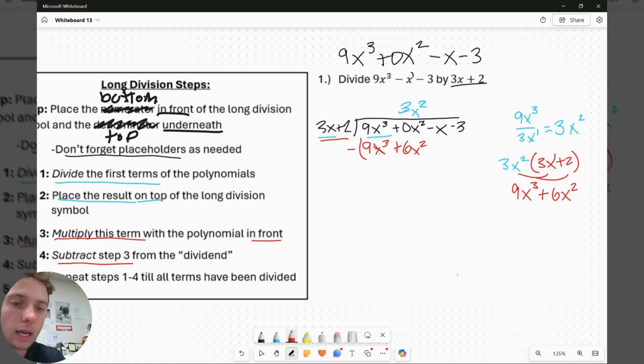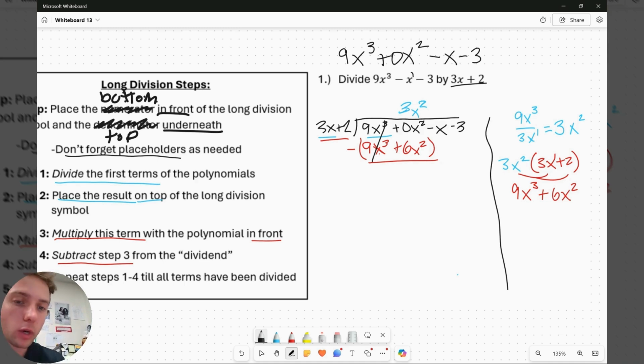When I do that, it needs to be in parentheses to show the subtraction. To know if you did this process correctly so far, one thing that should happen is your first terms in the subtraction should always be the same. 9x cubed, we have that. What happens then, when they're the same, is because we're subtracting, they're going to end up canceling out and going away.